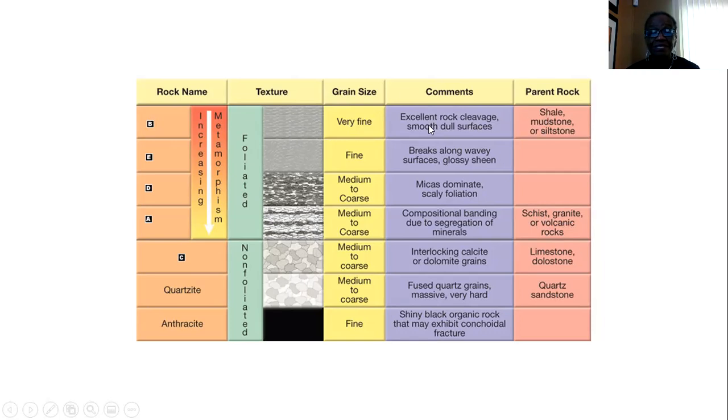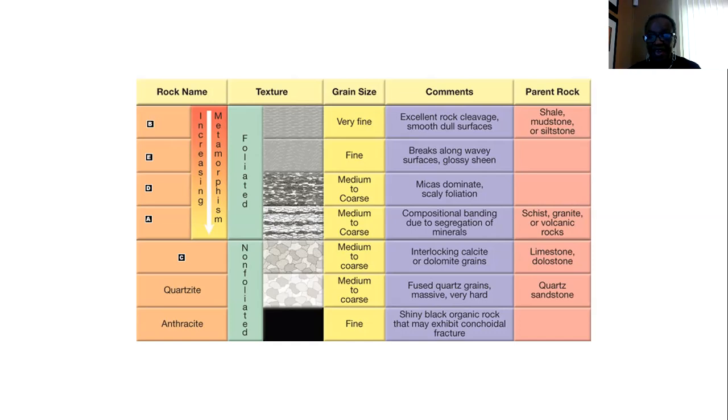And so that means that this is now slate, okay? So remember, rock names, the textures, two textures only in metamorphic rocks, foliated and non-foliated. And then we know what the parent rock is, that is the rock that it used to be before it was exposed to heat and pressure.